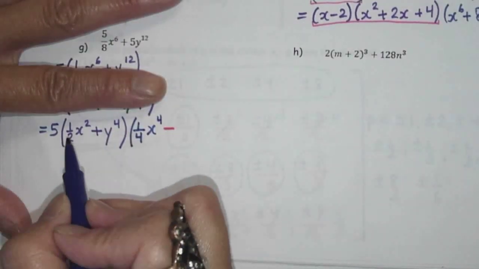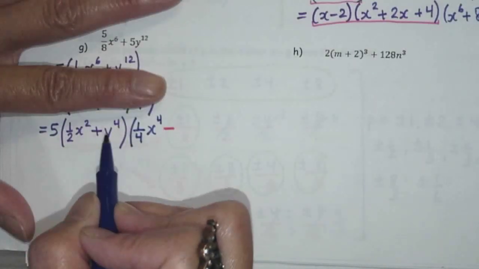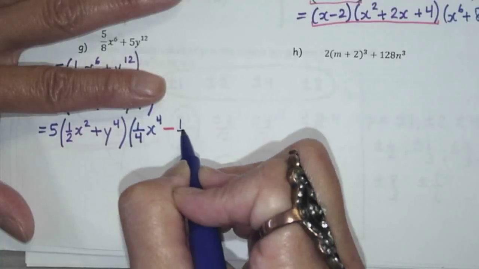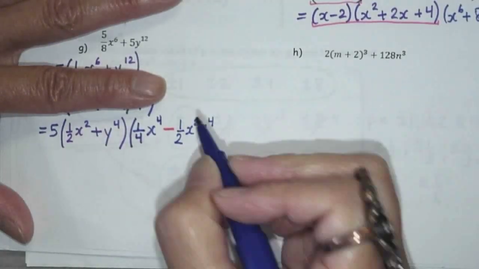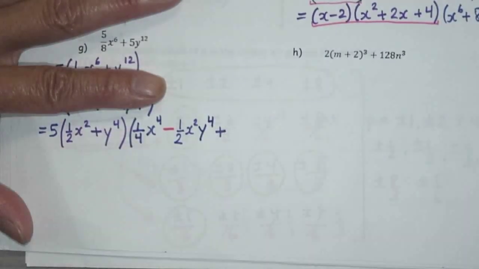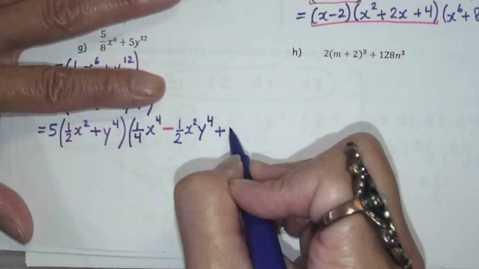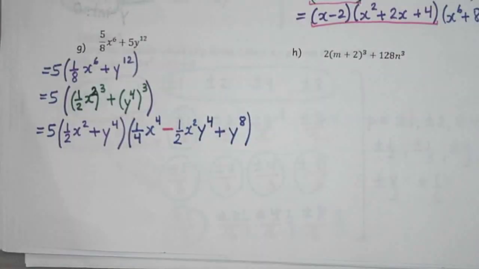Then I want a times b, the first times the second one. 1/2 x squared times y to the 4 is just 1/2 x squared y to the 4. There's nothing I can cancel, nothing I can do. Plus, and then last times last, y to the 8. That's it.